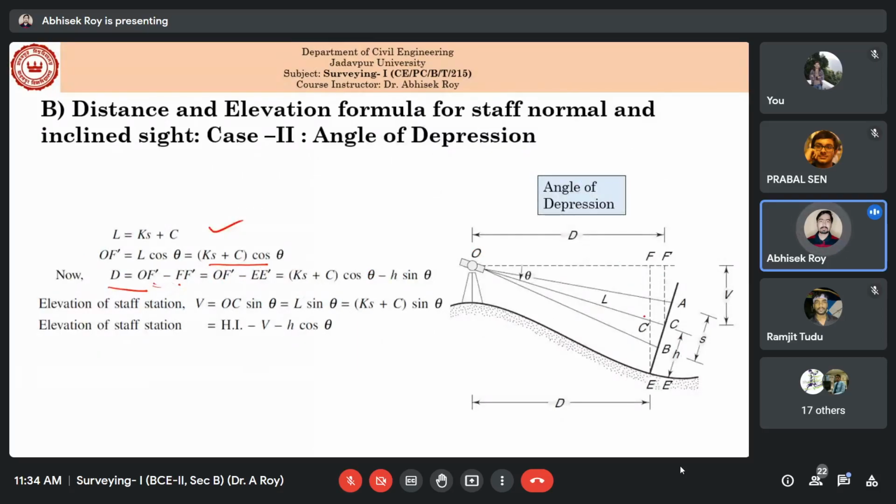Because if you look at the diagram, then its actual horizontal distance will be OF, and which is basically the actual distance D, if you want to calculate. Sorry, if you are calculating D, this mark is wrong.